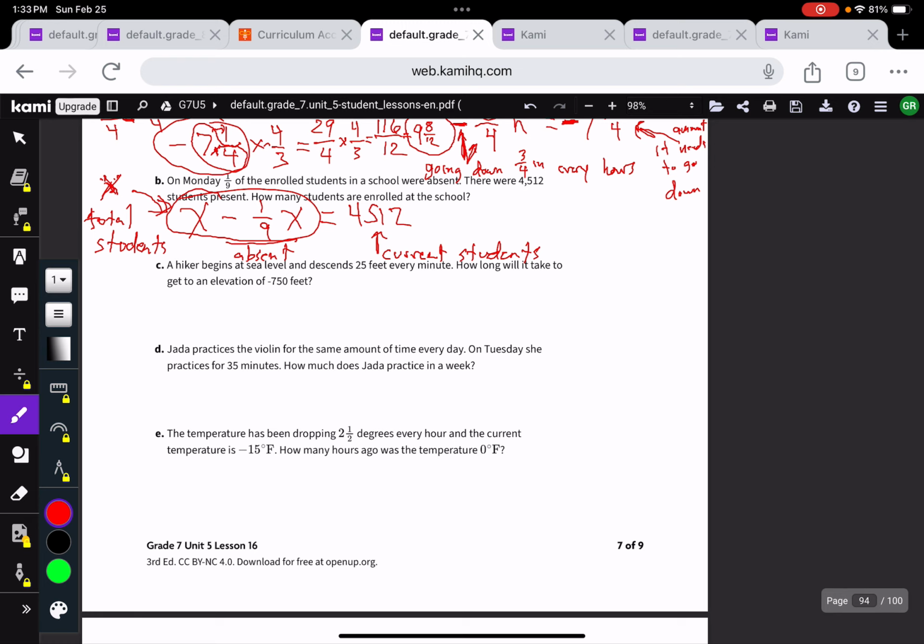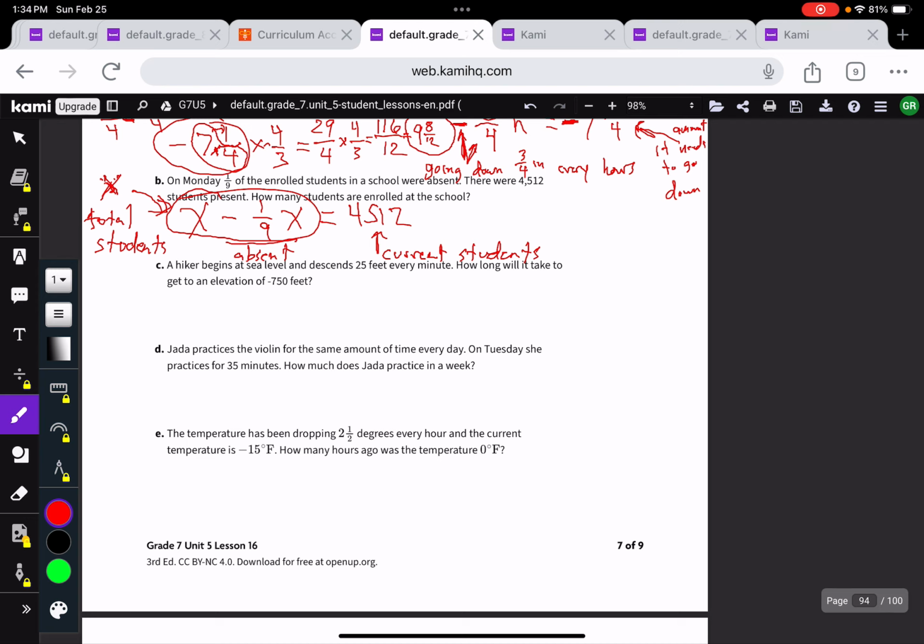Well, this goes back to those percentage problems. If I took 25% off, that means 75% is still there. So if I went to a store and saw 25% off, I still have to pay for 75% of it. So if I took the price and multiplied it by 75% or 0.75, I would get that.